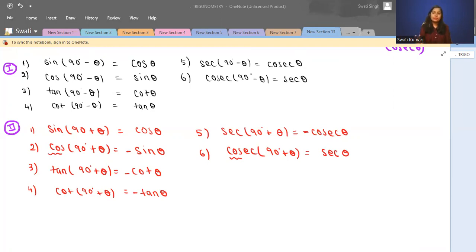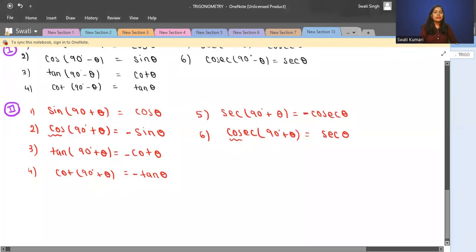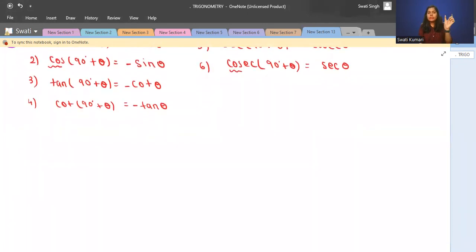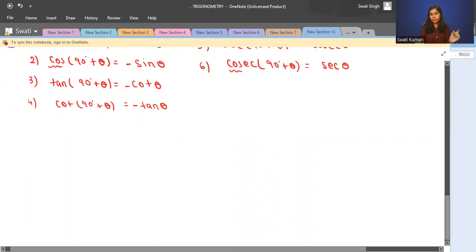Now let us move to 180 degree minus theta and 180 degree plus theta. Remember one thing: when we deal with 180 degree, whatever trigonometric function is given in the question, the trigonometric function is going to be the same every time. So it's a very simple way to remember the formula.